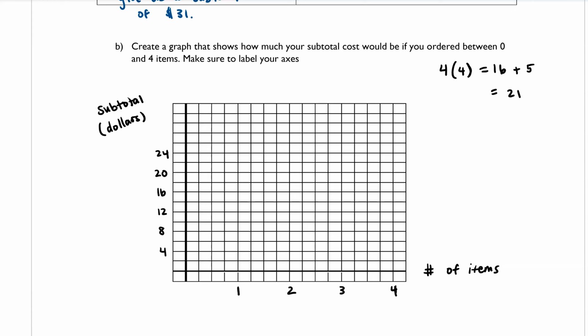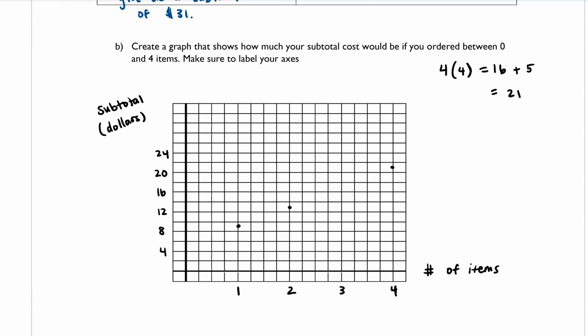Okay. Now, if I ordered one item, then they would charge us the $5 seating fee plus the $4 for that one item. So that's going to be $9, which is right there. If I ordered 2 items, that value was in our table up above, and we saw that our total would come out to $13, and we calculated for 4 items that it was $21, which is right here.